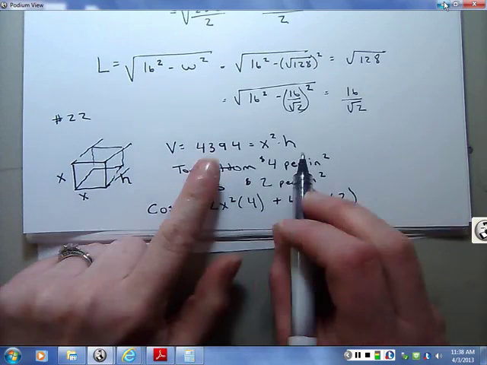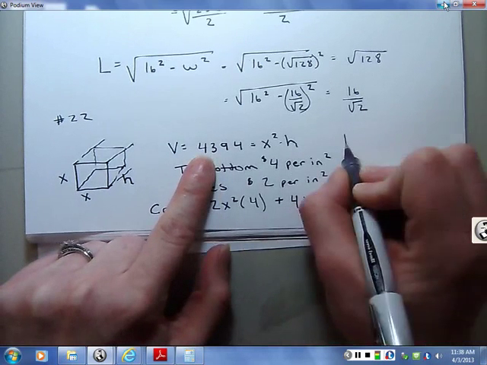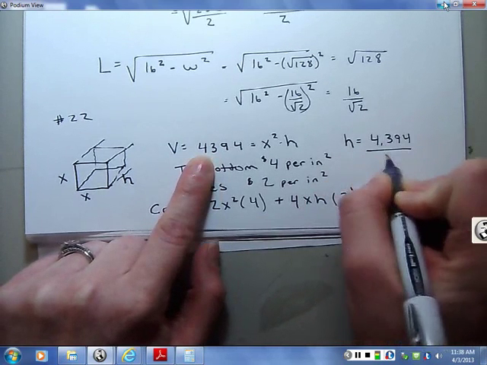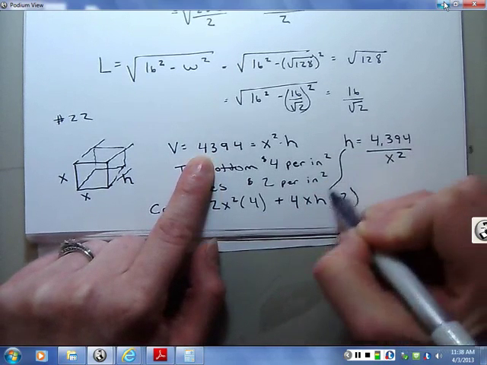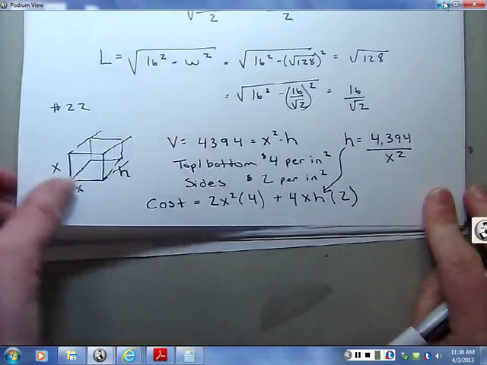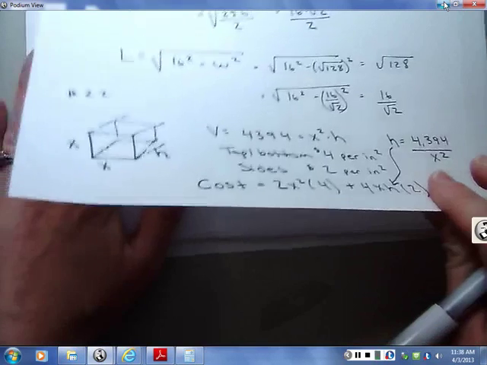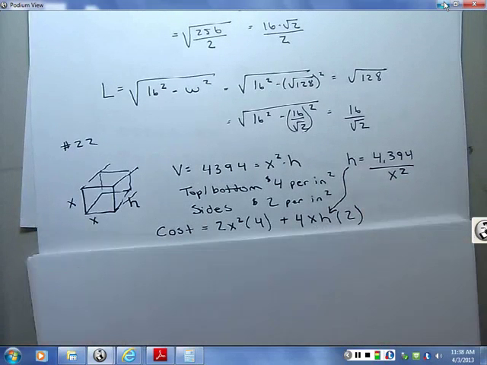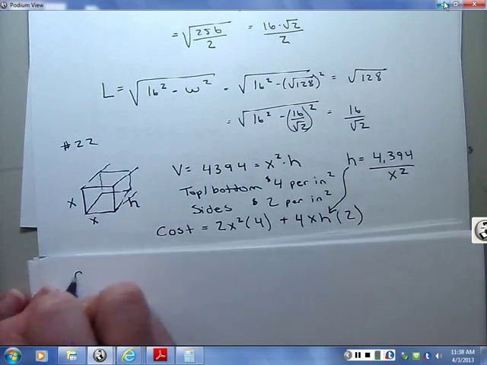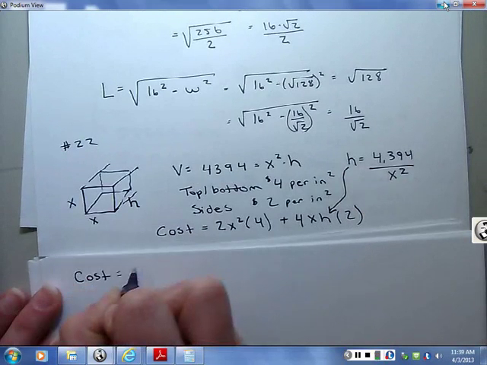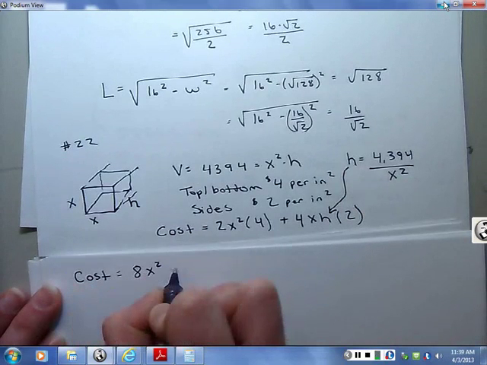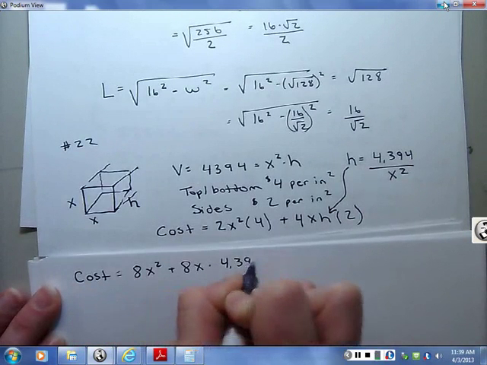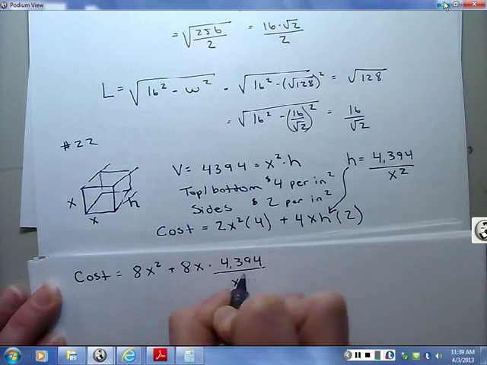So here if I solve for h, what do I have? So I have h as a function of x. Given this h is a function of x, I plug it in for my cost formula, or my cost function, and I get 8x squared plus 8x times, right, because this is h.